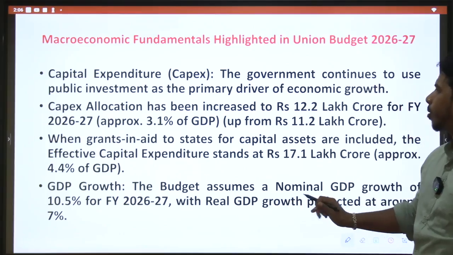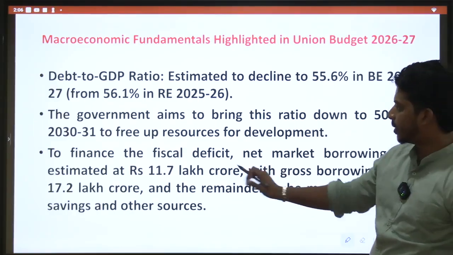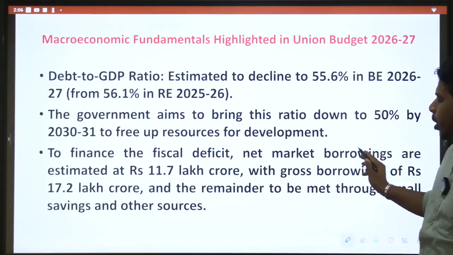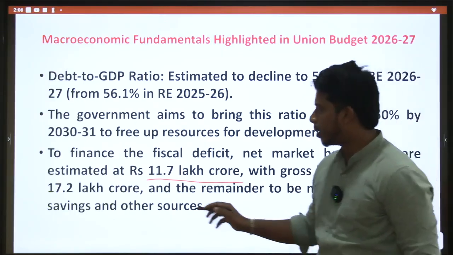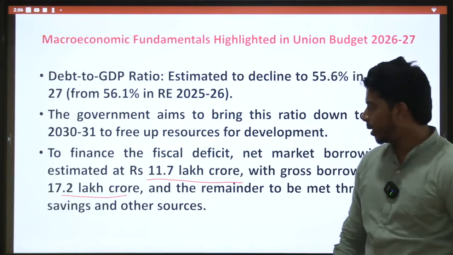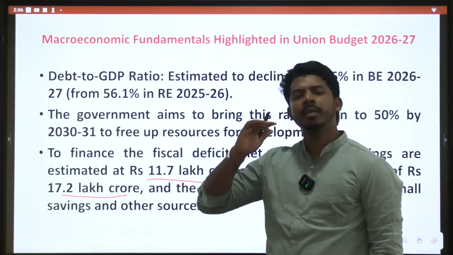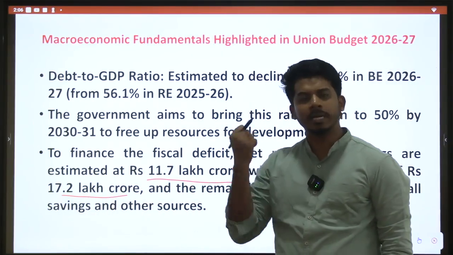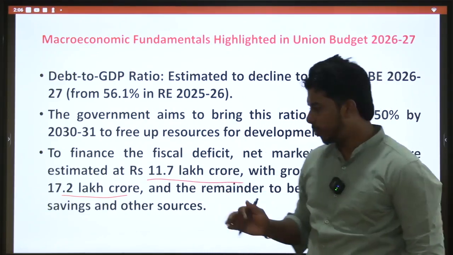So to finance the fiscal deficit, net market borrowings are 11.7 lakh crore, and gross are 17.2. So the difference, which is 5.5 lakh crore, is borrowed to clear the past loans this year.